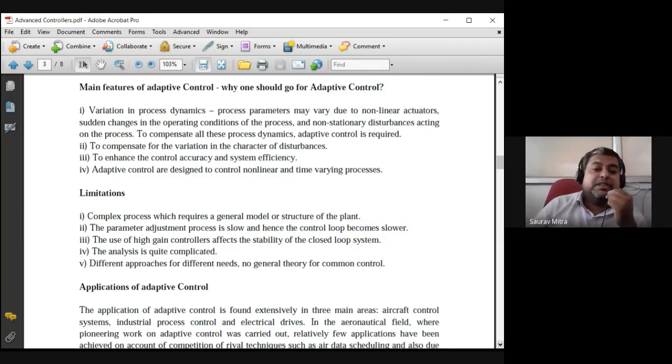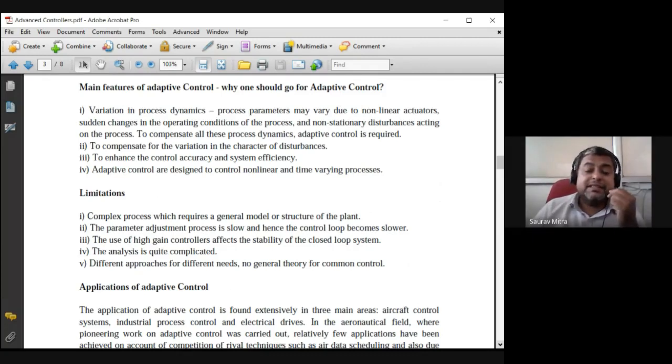Second thing, to compensate for the variation in the character of disturbances. Even if the vehicle itself is misbehaving or not behaving in a proper manner, it is a time varying system model.